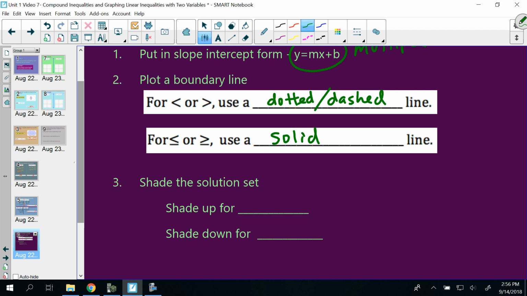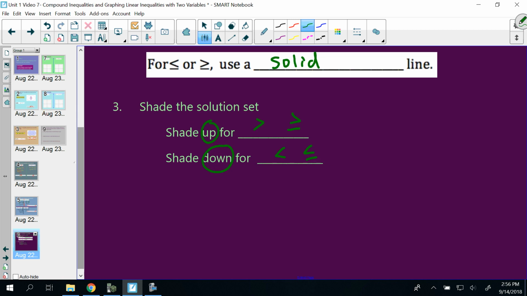If it's greater than or equal to, generally we shade up. If it's less than or equal to, generally we shade down. But more specifically, what you want to do when doing this is to test a point. We want to test a point not on the boundary line.